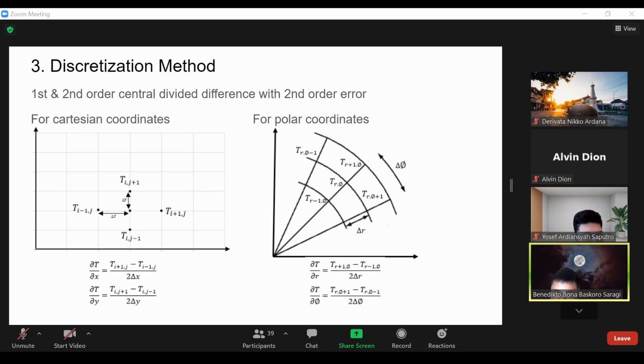And for polar coordinates, ∂T/∂r equals T(r+1,θ) minus T(r-1,θ) over 2Δr, and ∂T/∂θ equals T(r,θ+1) minus T(r,θ-1) over 2Δθ.